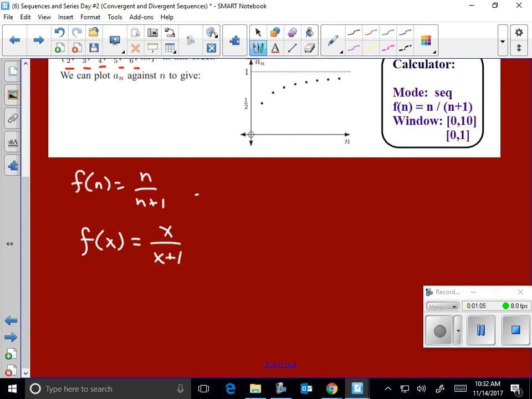And so what would be the limit as n goes to infinity of said function or sequence? Degree on the top is 1, degree on the bottom is 1. Therefore, as we go to infinity, I take the two coefficients and I divide them, right? There you go. Sequence converges.